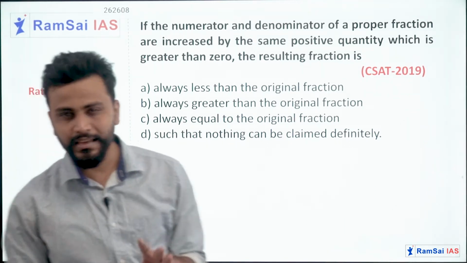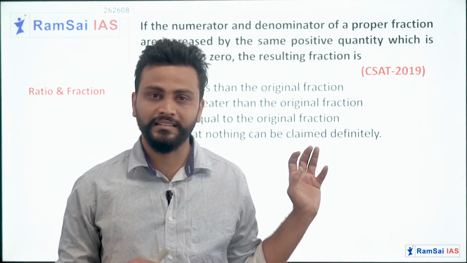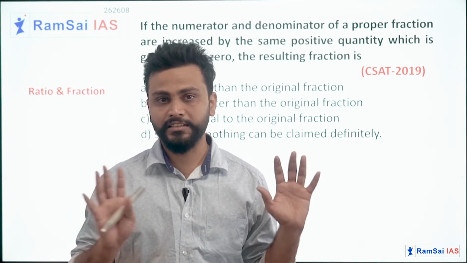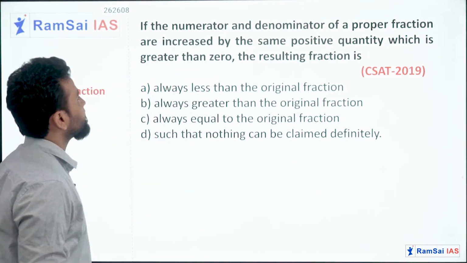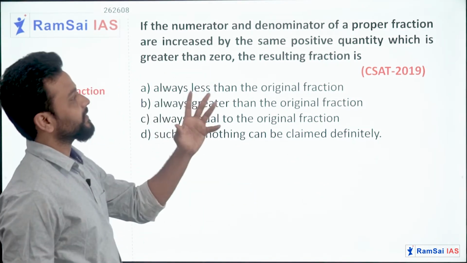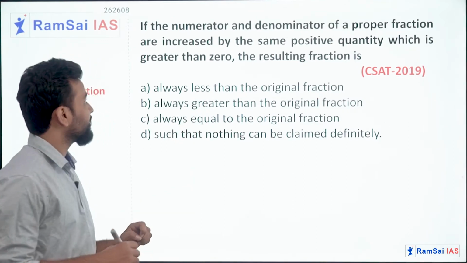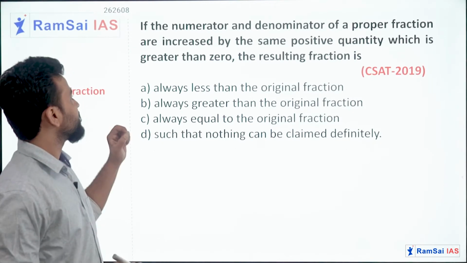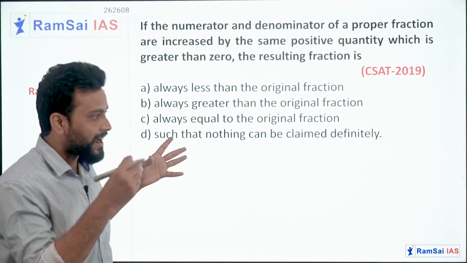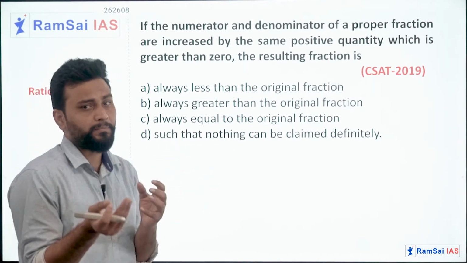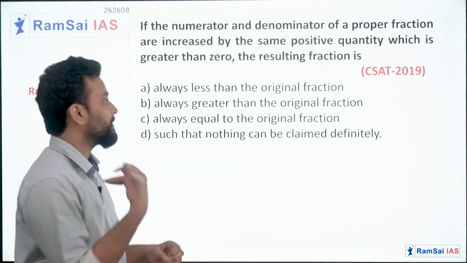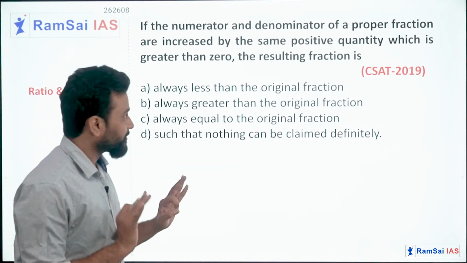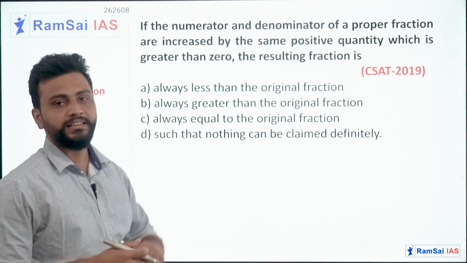Now, this question is a bit similar to the previous one, but there is a lot of difference between the two. Just read the question again. If numerator and denominator of a proper fraction are increased by the same positive quantity which is greater than 0. So, if you add a positive number to the numerator and denominator of a proper fraction, then the resulting fraction is dash.